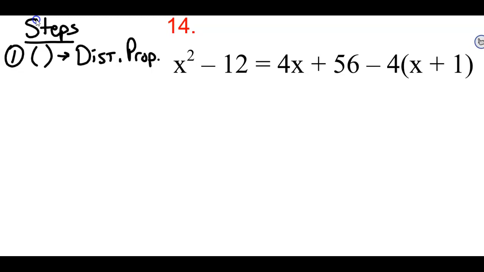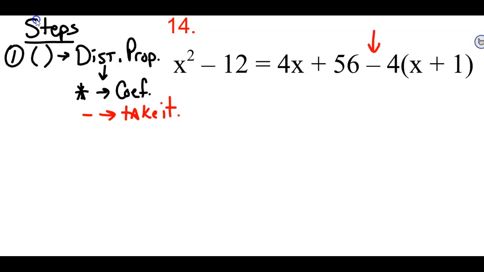So when we do the distributive property, we are going to be multiplying. We're going to be taking the coefficient, which is the number outside the parentheses. And one of the things to remember is if your coefficient is negative, take it with you. So just like this one is negative here.